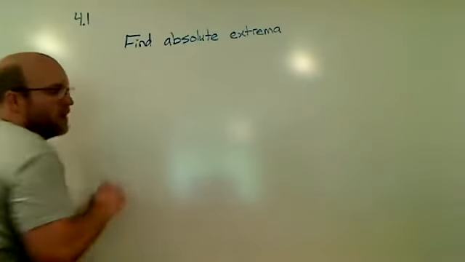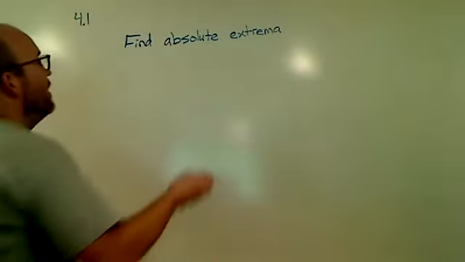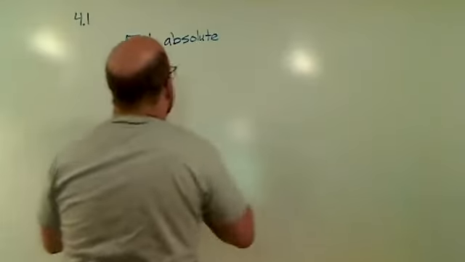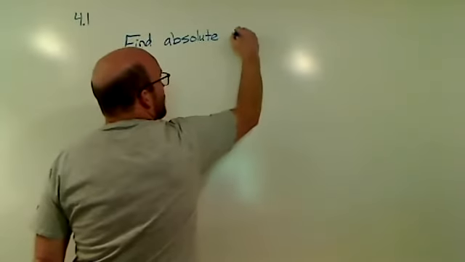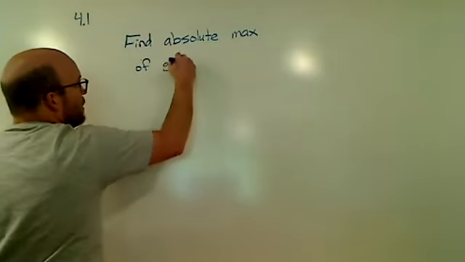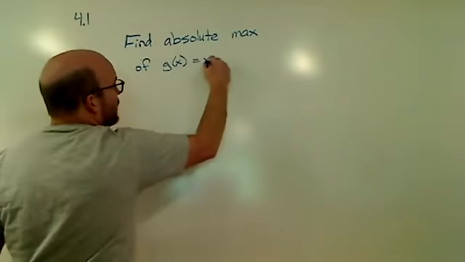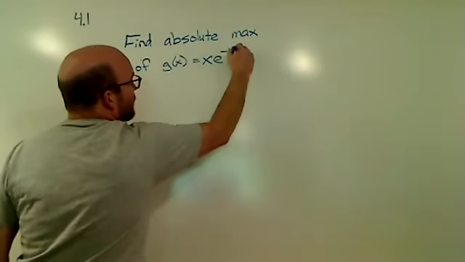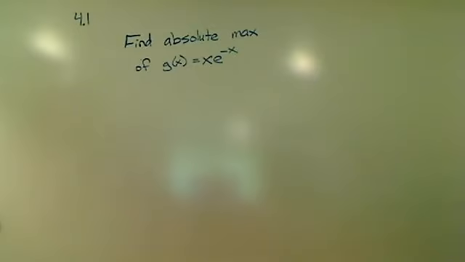Maybe I should be a little bit more specific. I'll give a little bit of this away. Let's say we're finding the absolute maximum of the function g of x is equal to x times e to the negative x. I'm giving away a little bit of the problem at the beginning just so it's a little bit easier to comprehend as we go through this.